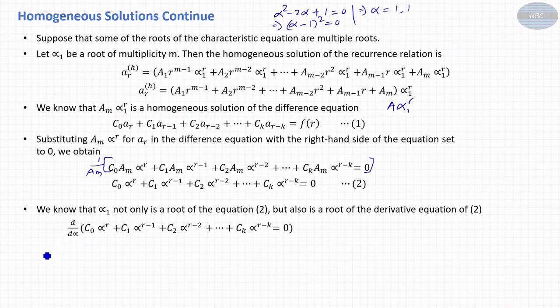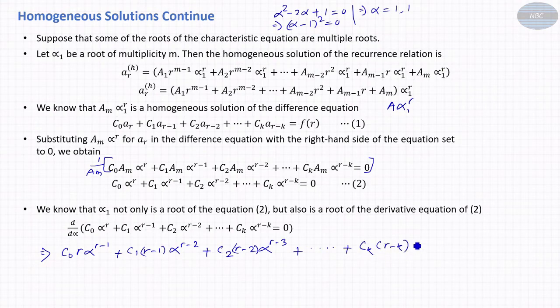So this derivative can be written as: derivative of the first term is c0 r alpha to the power r minus 1, plus derivative of the second term is c1 (r minus 1) alpha to the power r minus 2, plus c2 (r minus 2) alpha to the power r minus 3, plus up to ck (r minus k) alpha to the power r minus k minus 1 is equal to 0.